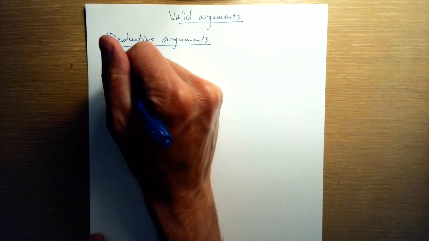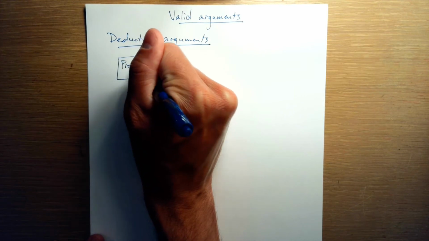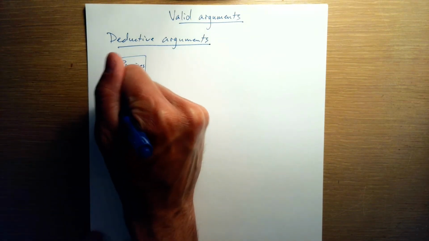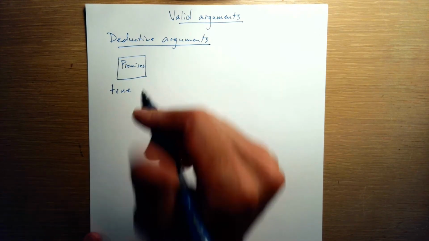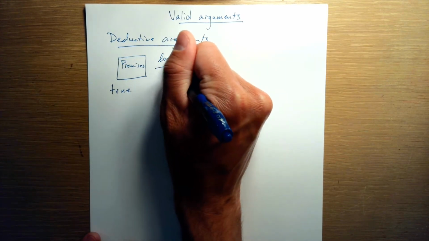So first of all, for a deductive argument you have to start with some premises. Or you sometimes could call these axioms or assumptions, but they're things that are taken to be true. So true, for sure. You know they're true. And then you produce some kind of logical argument.